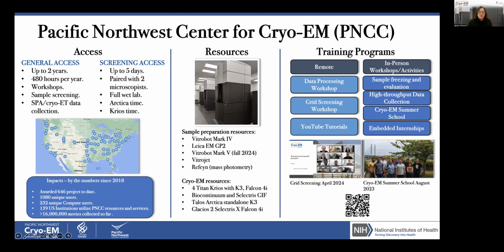Our Krios 1 just completed its upgrade for a Selectris X. The newest member of our microscope family is Glacios 2, which will be utilized for both screening as well as data collection. For sample preparation, we have our Vitrobot as well as our Leica GP2.